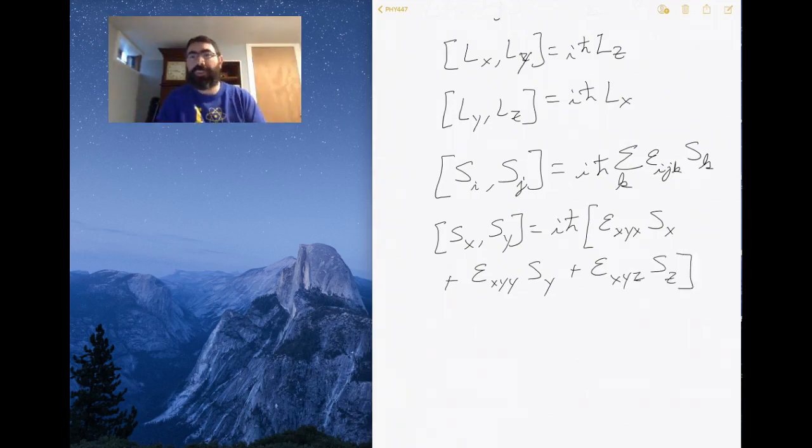So that's the sum over the index k. Really I should have written k goes from 1 to 3, like this.